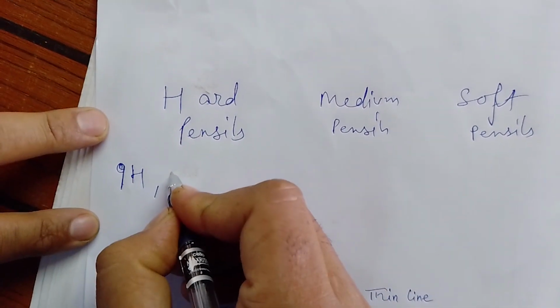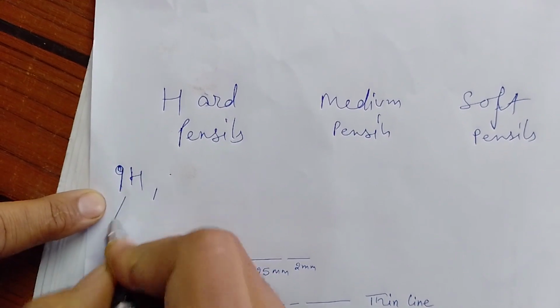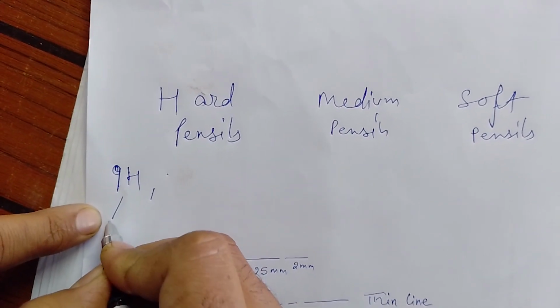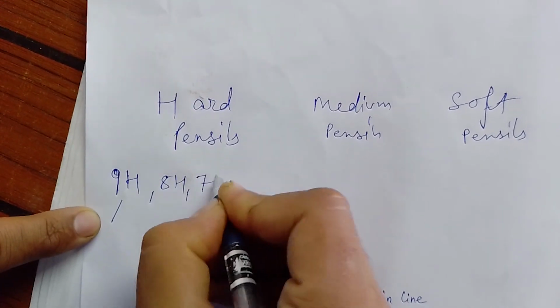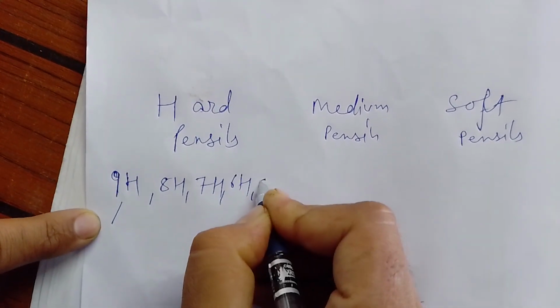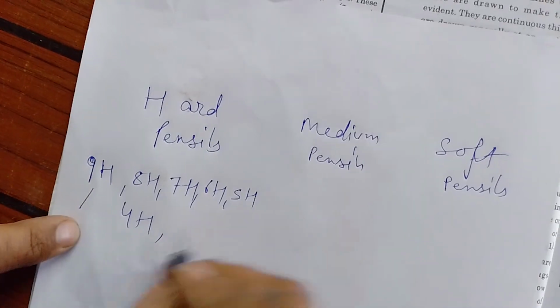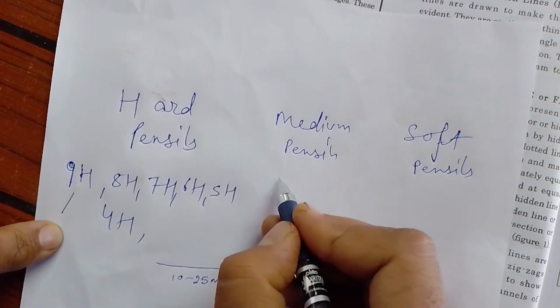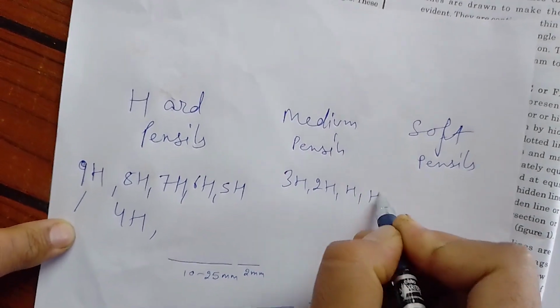If the percentage of kaolin is higher, then the pencil is hard. 9H, 8H, 7H, 6H, 5H, 4H are hard pencils. Medium pencils start from 3H, 2H, H, HB.